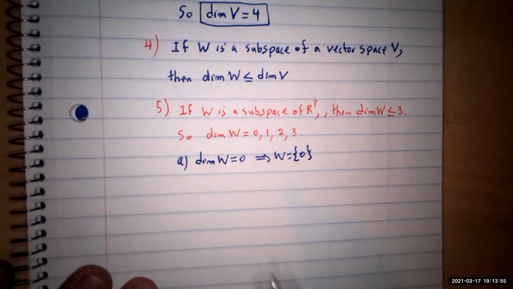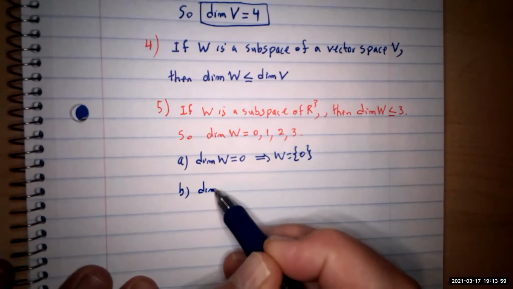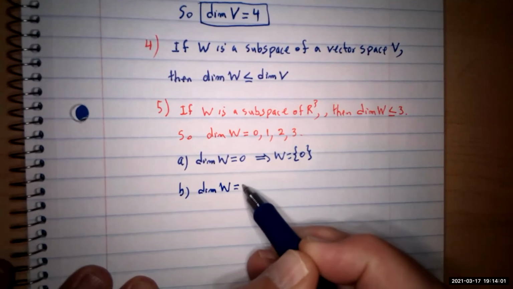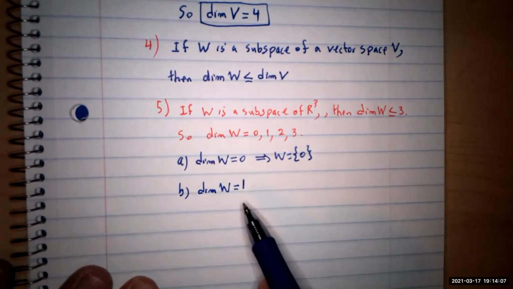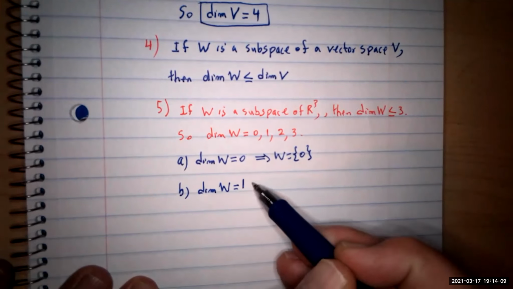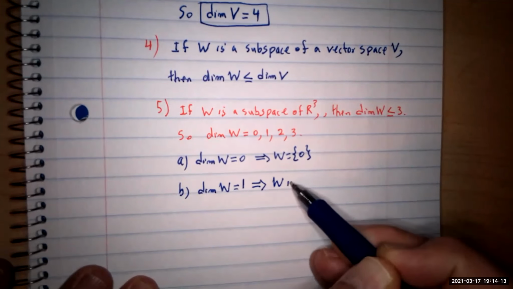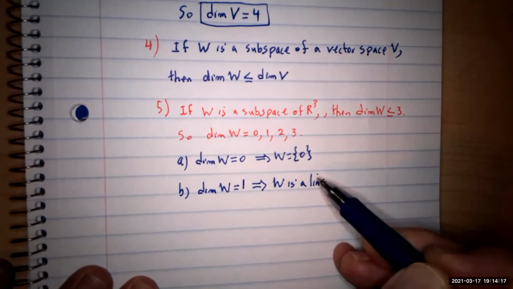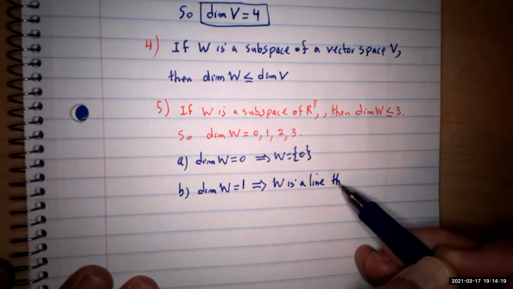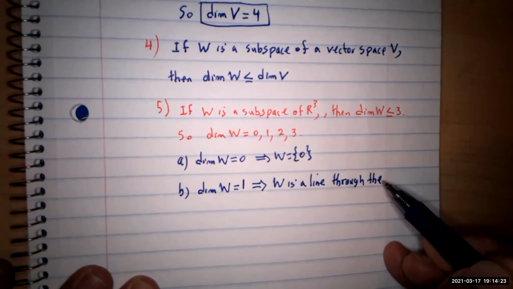If the dimension happens to be equal to 1, then geometrically, if you like, W is just going to be a line. W is going to be a line through the origin.